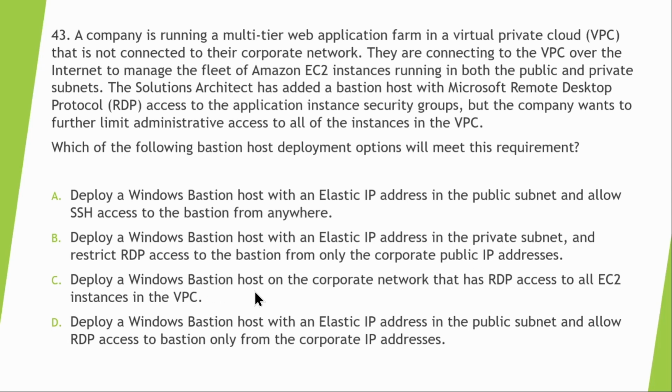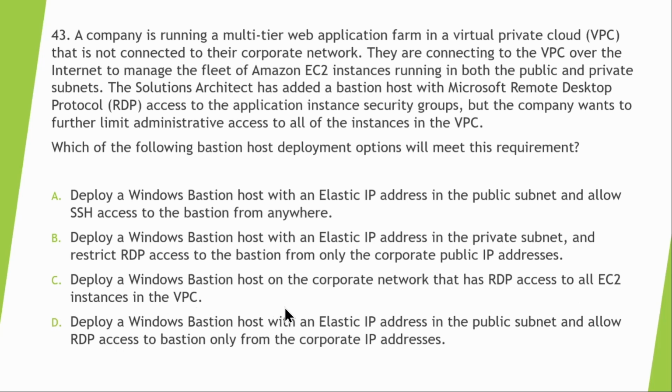Deploy a Windows Bastion host on the corporate network that has RDP access to all EC2 instances in the VPC. This is also incorrect because you do not deploy a Bastion host to your corporate network. It should be in the public subnet of your VPC.